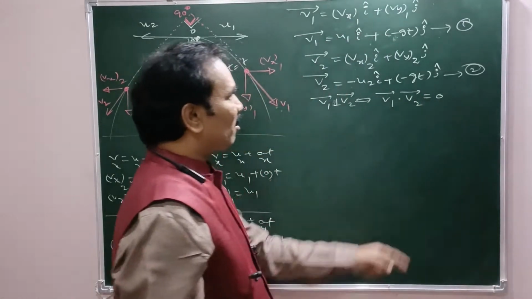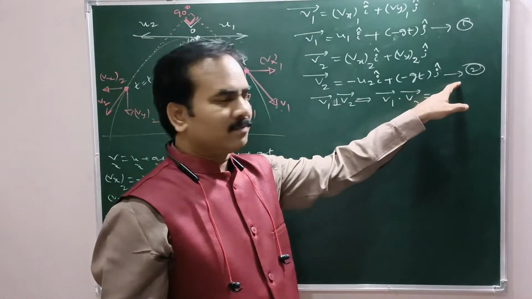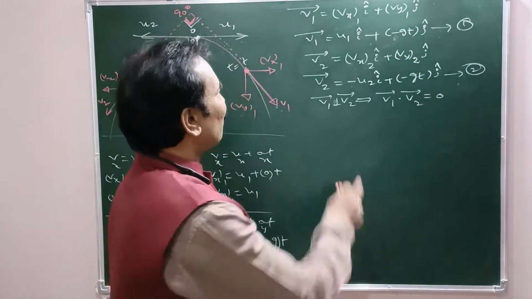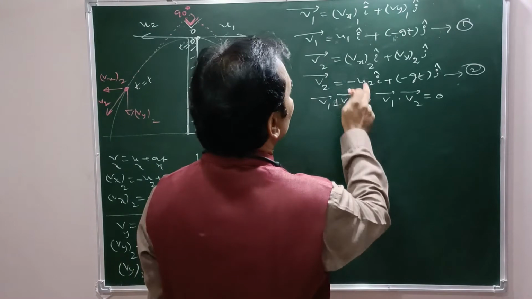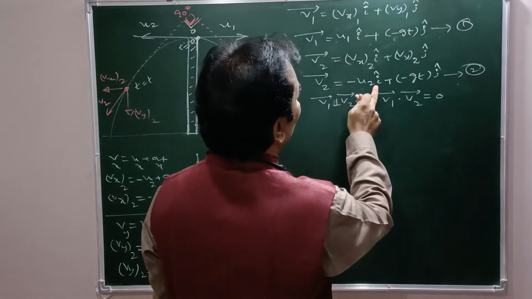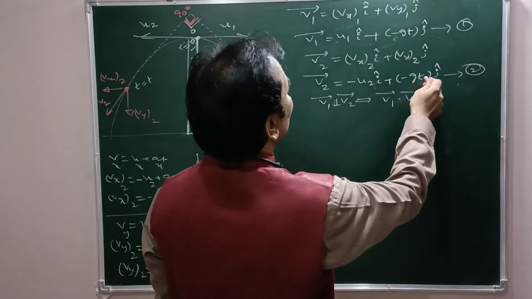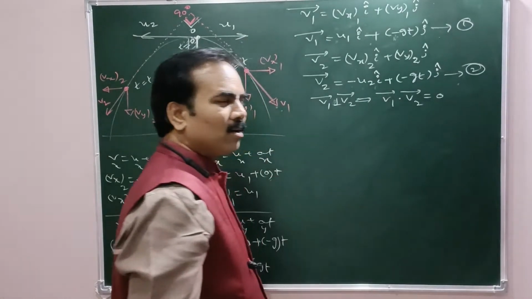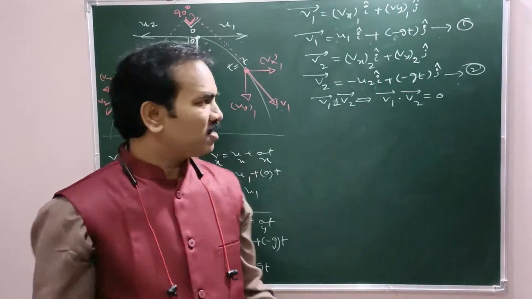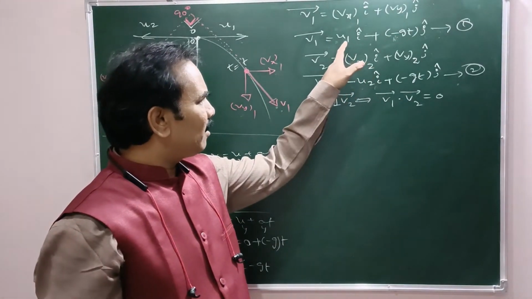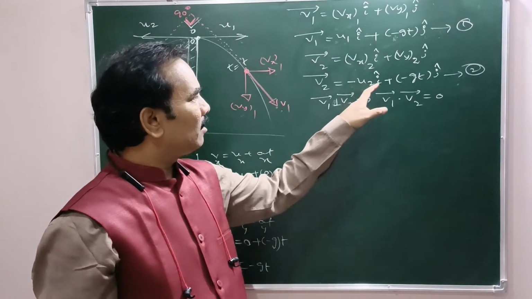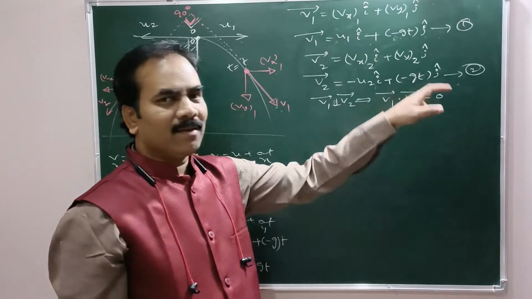Now take the dot product of these two vectors. So v1 bar dot v2 bar. How to find the dot product? It is the sum of similar components: x component multiplied by x component, y component multiplied by y component.